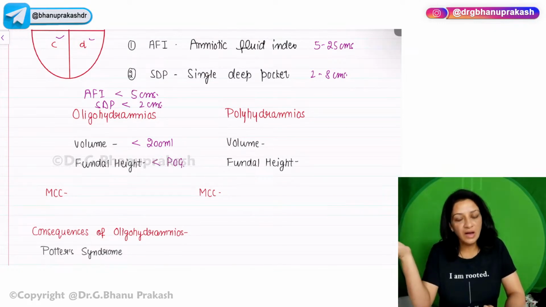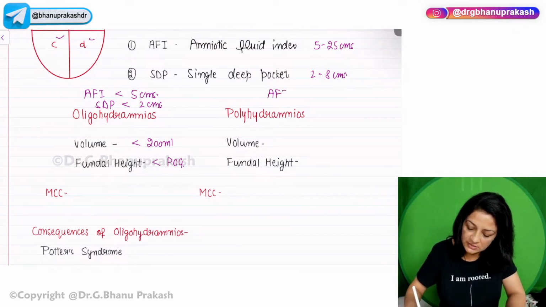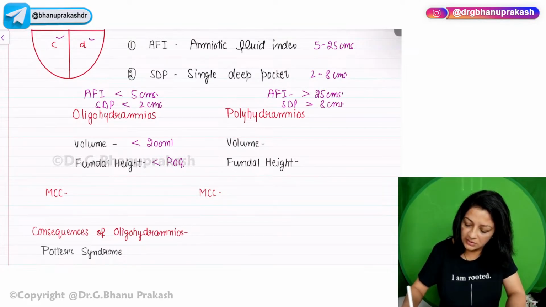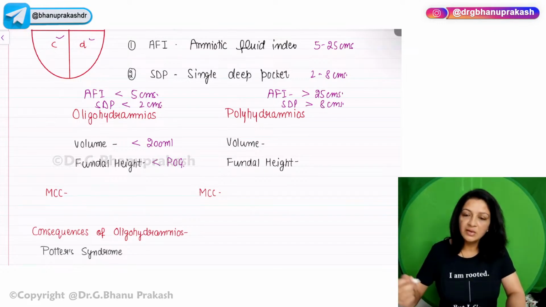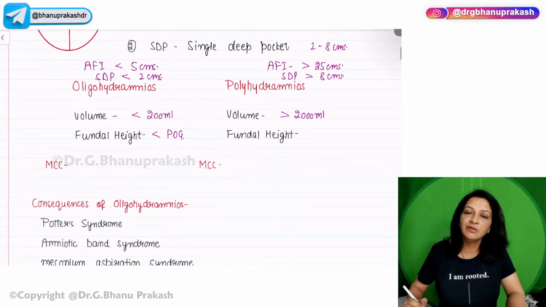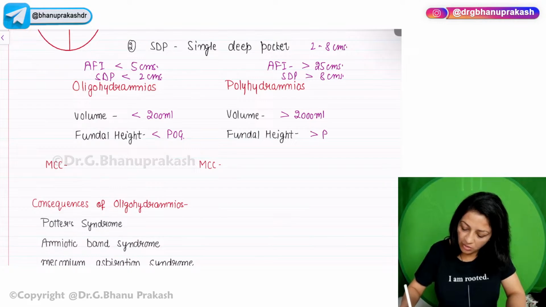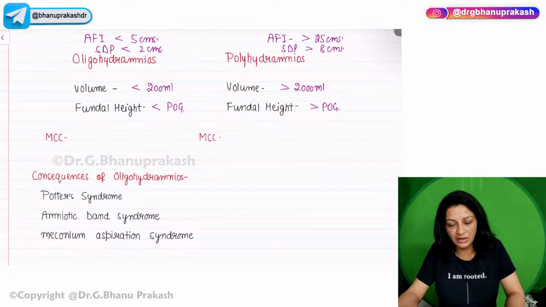In polyhydramnios, the amniotic fluid index is more than 25 centimeters and the single deep pocket is more than 8 centimeters. The volume is more than 2000 ml and the fundal height will be more than the period of gestation. This is the difference between oligohydramnios and polyhydramnios.